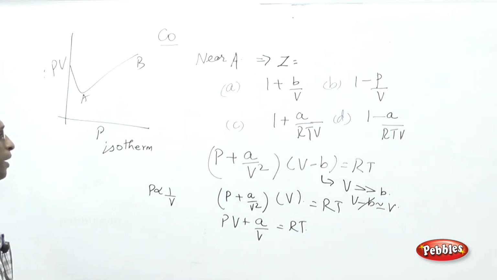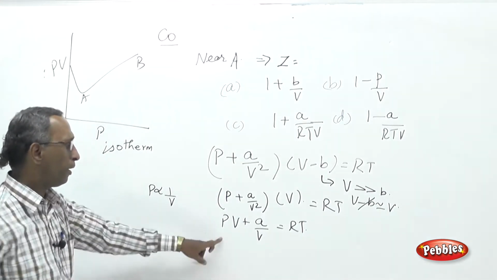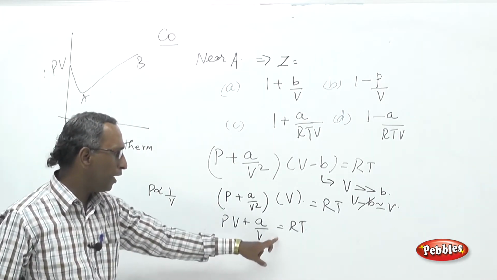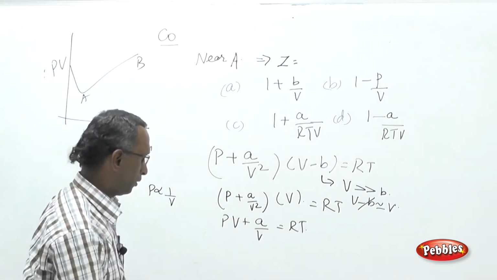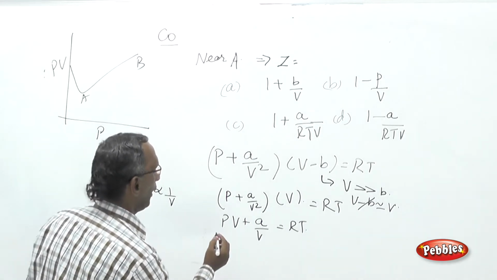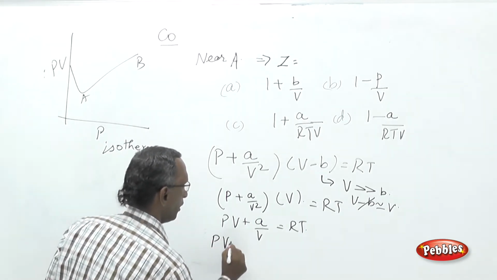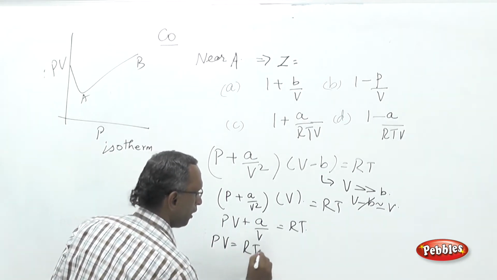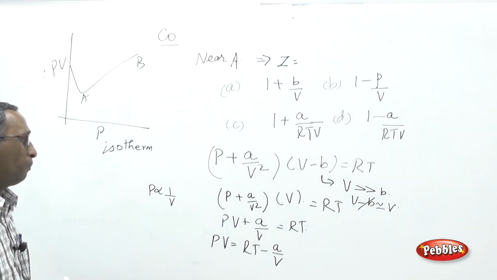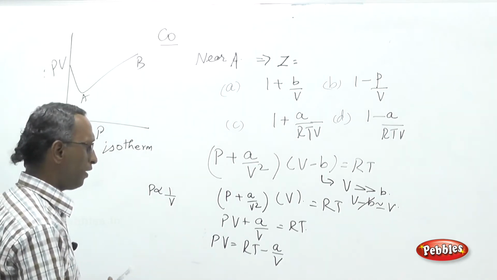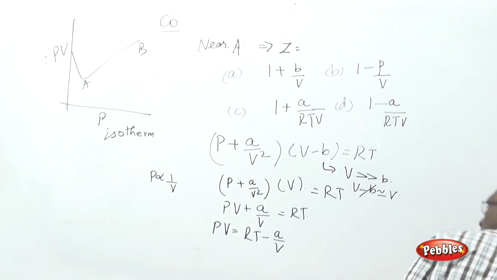In a similar manner, you can divide by RT. PV by RT, plus a by V into 1 by RT, equals RT by RT, which is 1. So you can simplify: PV equals RT minus a by V. Plus a by V on the opposite side becomes minus a by V. Now fully divide by RT.